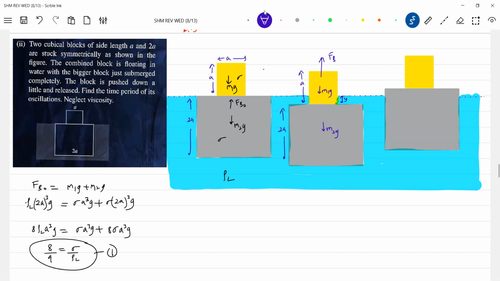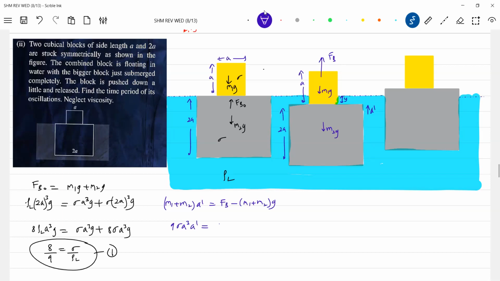Net acceleration will be upward, A dash. So M1 plus M2 A dash should be equal to, shall we write directly, 9 sigma A cube A dash.